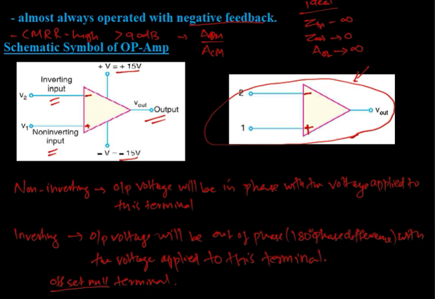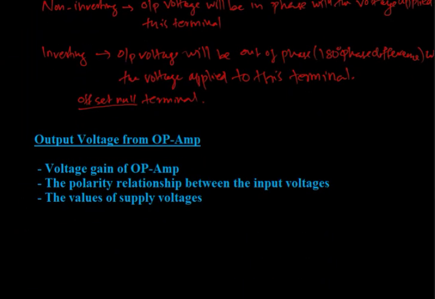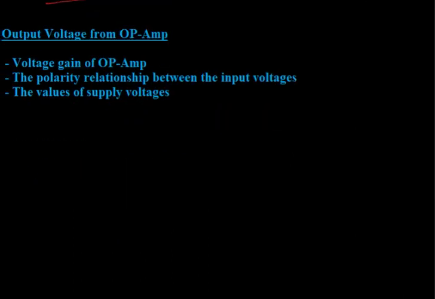Now let's consider the output voltage from an operational amplifier. Actually, the output voltage from an operational amplifier depends on 3 factors. One is the voltage gain of the operational amplifier, the A, which may be open loop gain or closed loop gain.